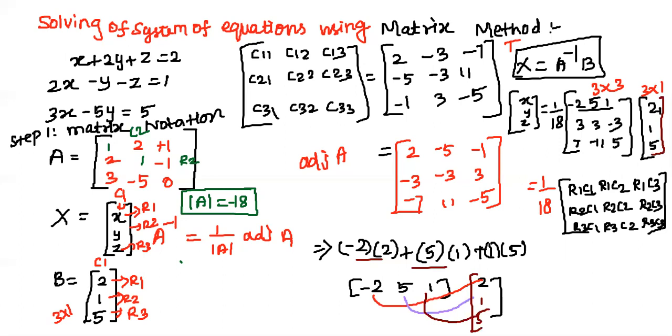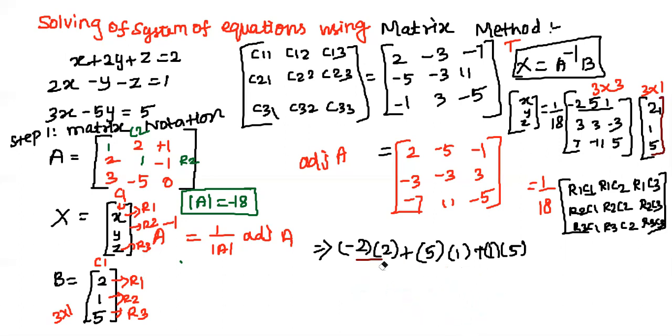So now you can simplify this. So this will be minus 2 into 2 will become minus 4 plus 5 plus 5, which is 6. For multiplying row 1 and column 2, you don't have any column 2 in this matrix, right? So you'll be assuming it as 0, 0, 0 only for the column 2.